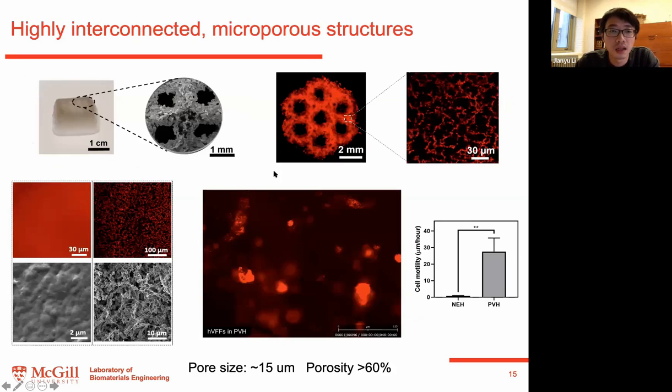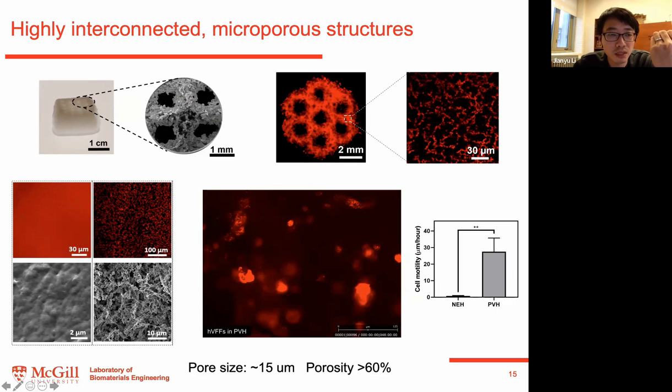Okay. And here we characterize the microstructure of the printed structure. The result indicates that this phase separation mechanism works, and we can create highly interconnected micropores resulting from this phase separation process.